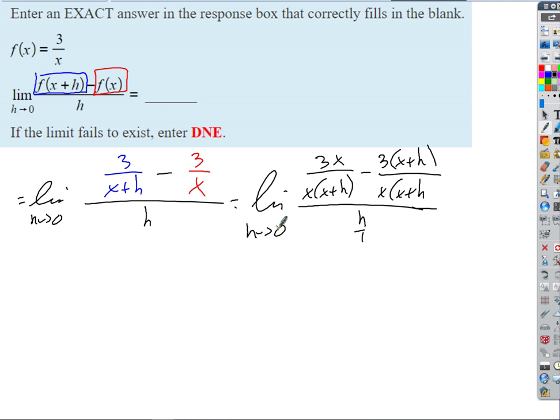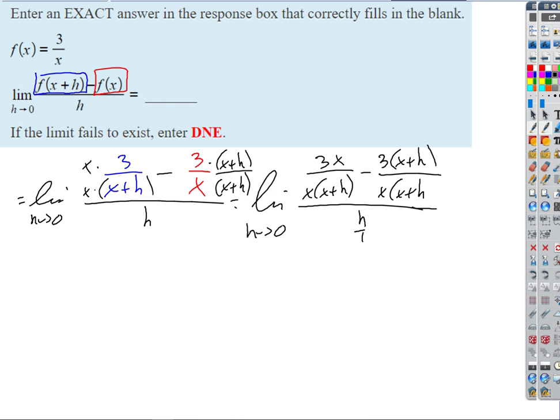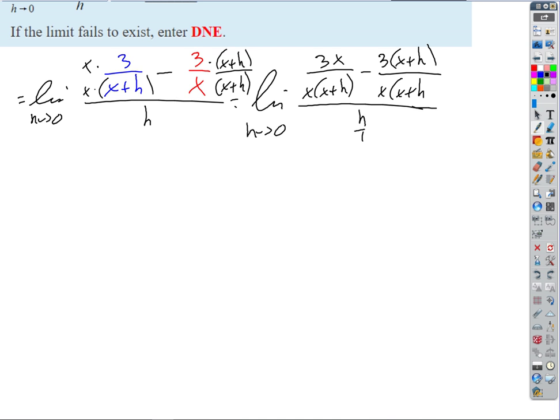Pause there. All I did was multiply this one through by x over x to get a common denominator. Okay, and then I'm really just simplifying the top here, aren't I?